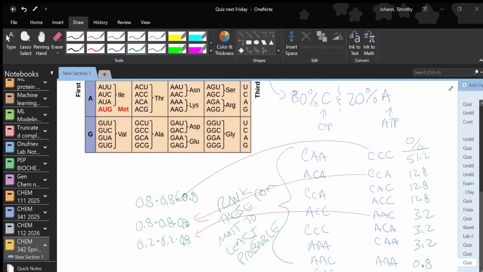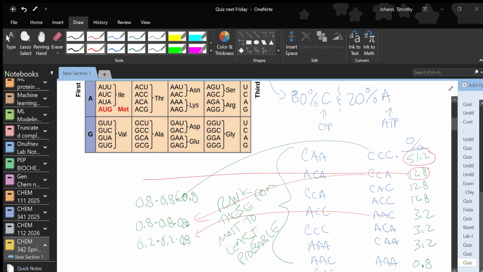Okay. So we're taking this one and this one, and 64% proline, percent radioactivity. That makes sense?